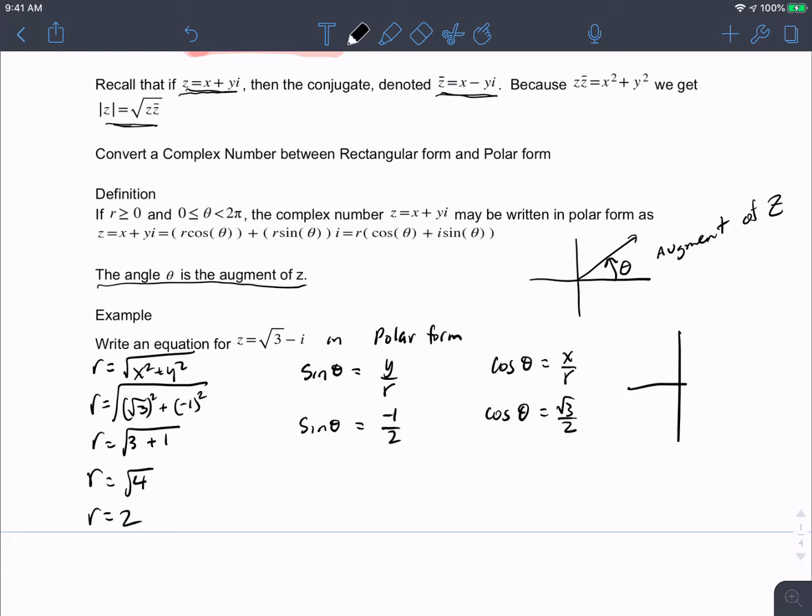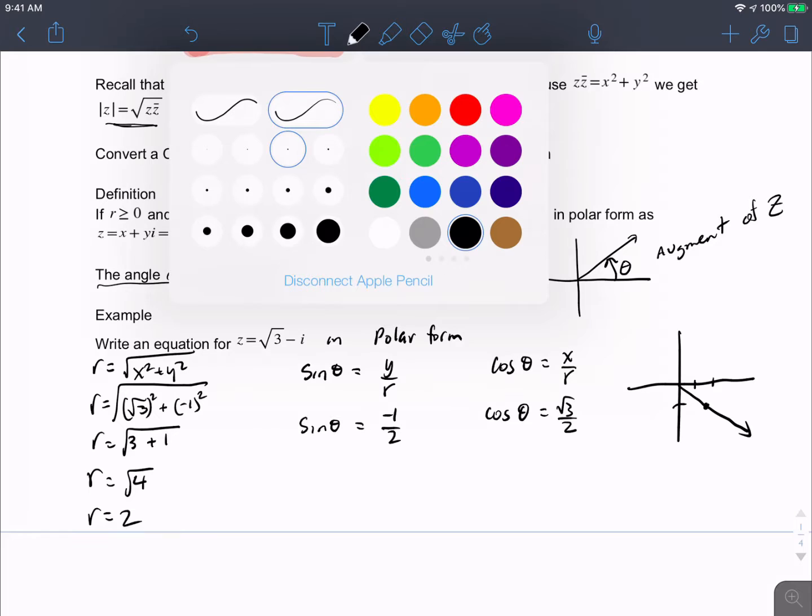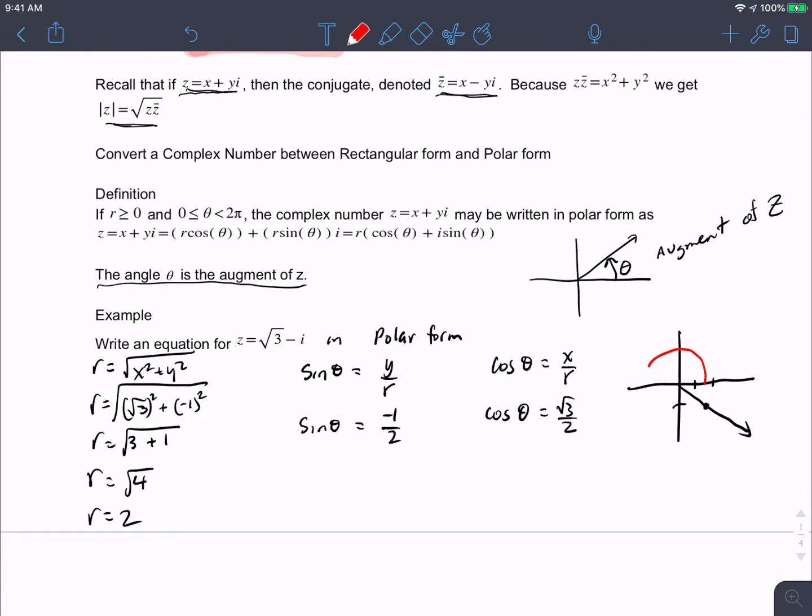And so I want to plot it so you guys can see it. If I'm going to go radical 3, -1, it's going to be something about here, right? And so the angle that we're going to end up trying to get is the angle that gets us there.